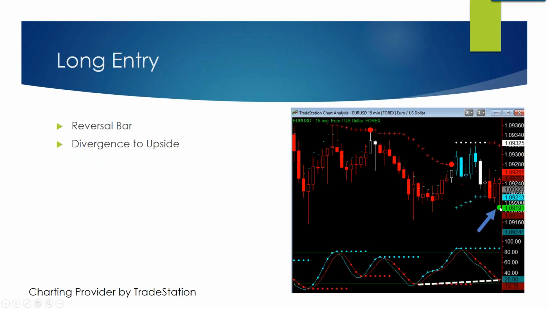Now, in this case, do you see how you had the bar? It closed at the very top. That green dot tells me there has been divergence there, and it's divergence to the upside. The price bar is confirming that move.